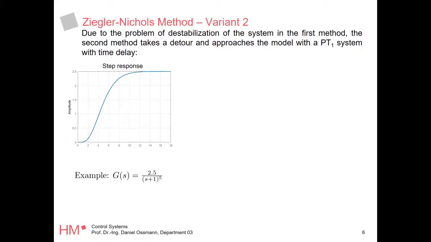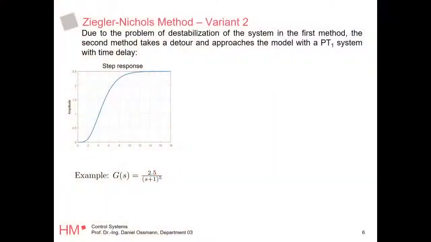Because in the second variant of the method, we are simply doing a step response, right? So when you have your espresso machine in front of you, you say, okay, I'm putting in 0.25 kilowatts and I'm measuring the output signal, the temperature, and I'm recording it with a computer, or I print it out, whatever, right? So you don't need to drive the system unstable. So I think this method is probably best explained with an example.